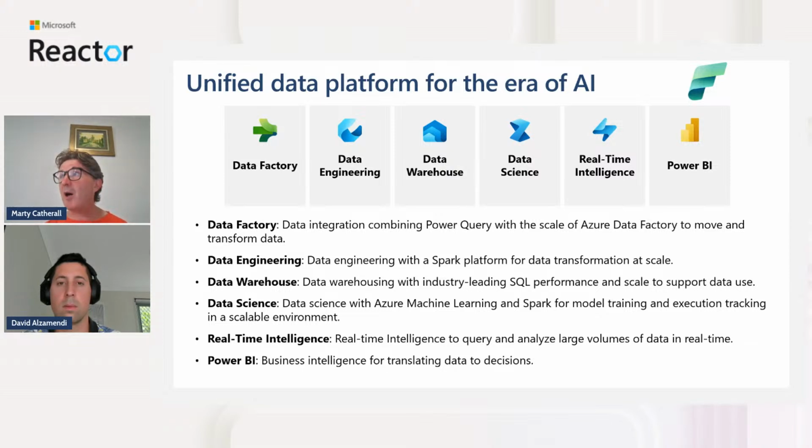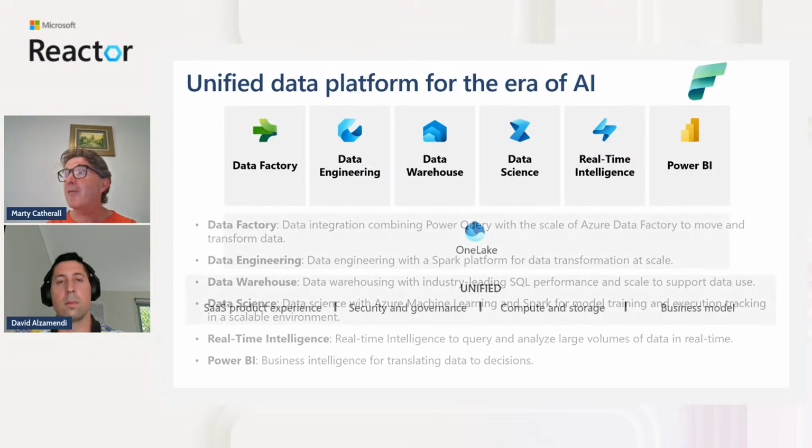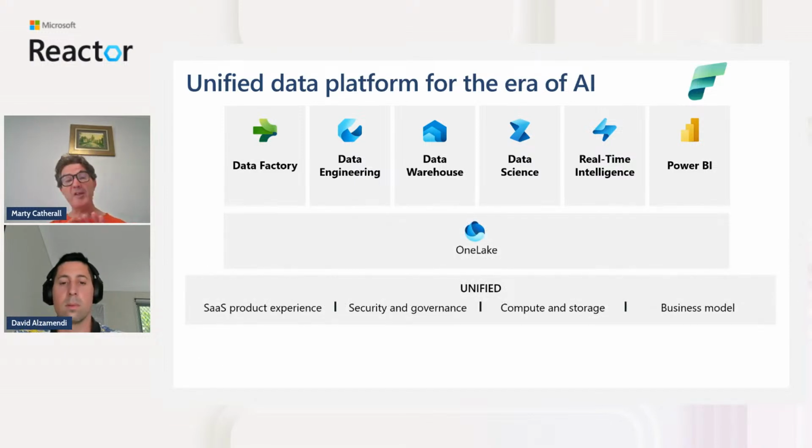Here, we've also got a new one called Direct Lake, where you can actually directly query the data you've got in your OneLake. And so lots of different components here and lots of choice and things that we can do. And there you can see that OneLake underlies the complete platform. And that's the storage layer of Microsoft Fabric.